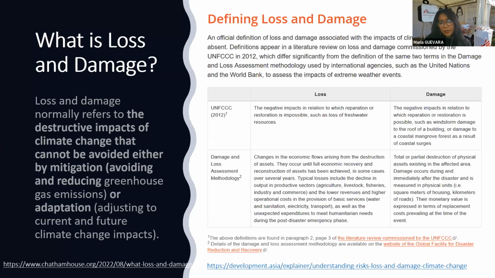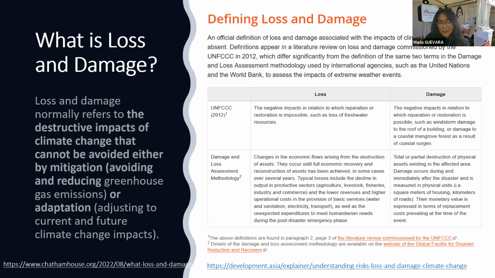So first, before we discuss this in MSF, I wanted to remind us what loss and damage is. Assuming general consensus, and hoping that Taylor will shed more light on this and correct me as needed, there is actually no official definition of loss and damage.